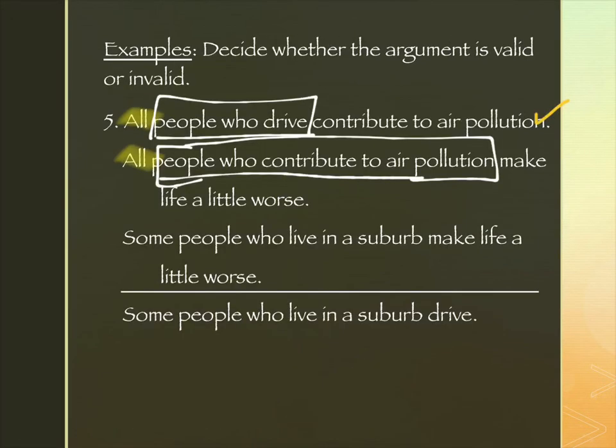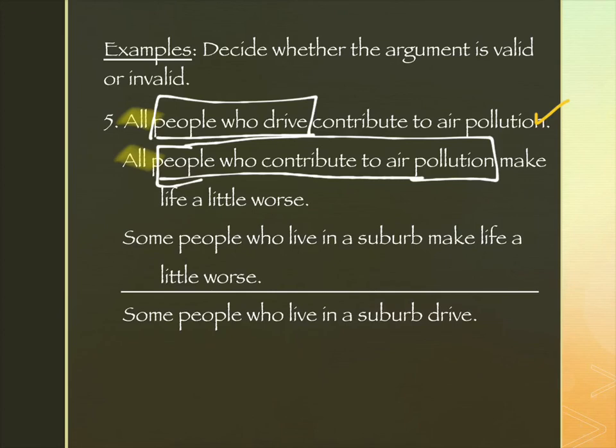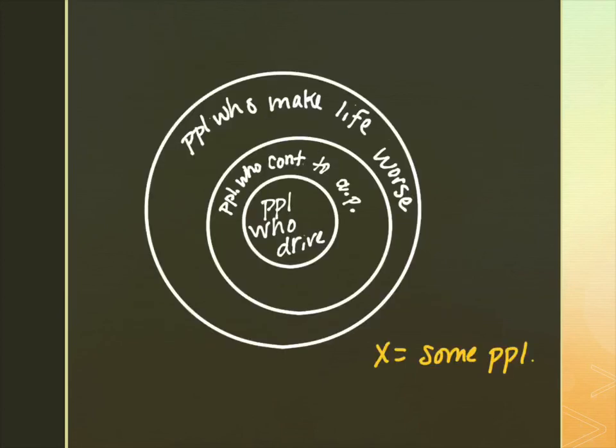So, even though it's got the some people as the description and that keyword "some," the X that I'm talking about here, actually let me use a different color just because it'll be easier to distinguish. X is going to be the some people, but I need a little bit more. It's not just some random people. It's some people who do what? Live in the suburbs. So some people living in suburbs.